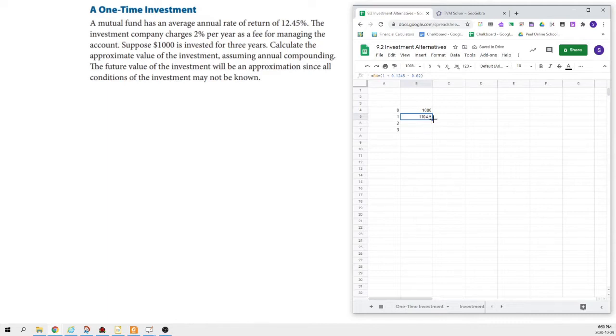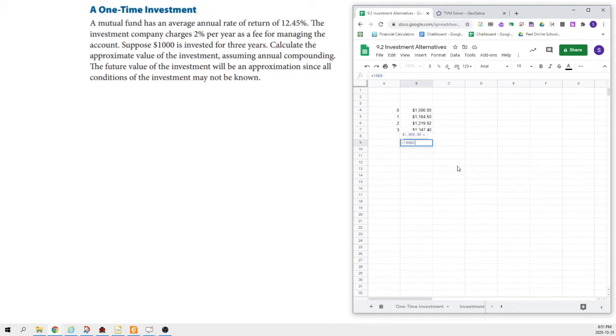So we continue that for 3 years, and we get $1,347.40. So we could calculate this on our calculator by using a power instead of repeated multiplication.